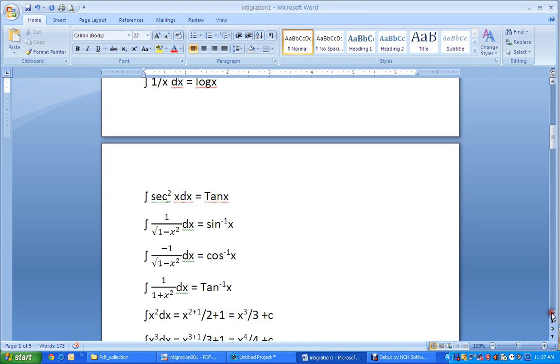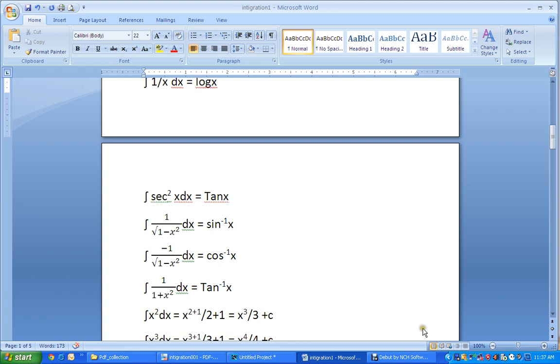Integration 1 by square root 1 minus x square, where 1 minus x square is within the square root, dx, the value will be sin inverse x. Integration minus 1 divided by square root 1 minus x square dx, the value will be cos inverse x. Integration 1 by 1 plus x square dx, the value will be tan inverse x.